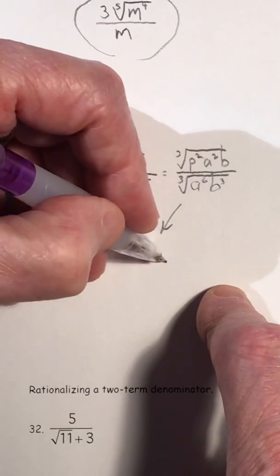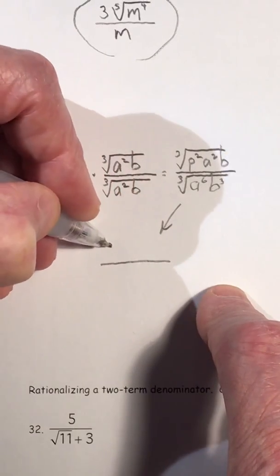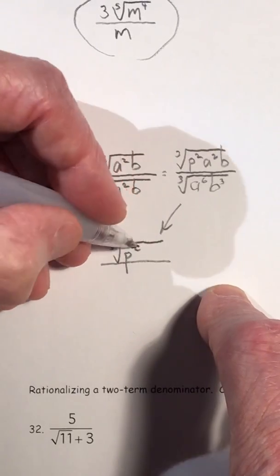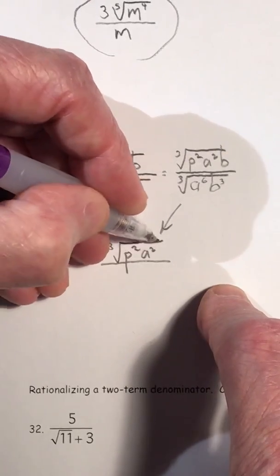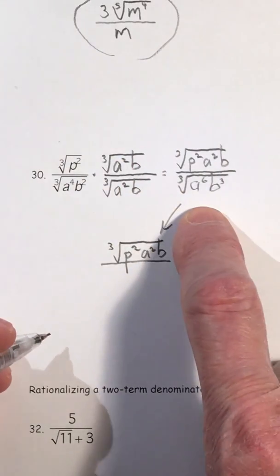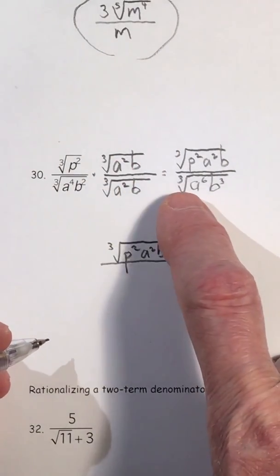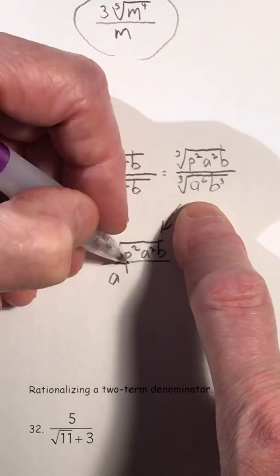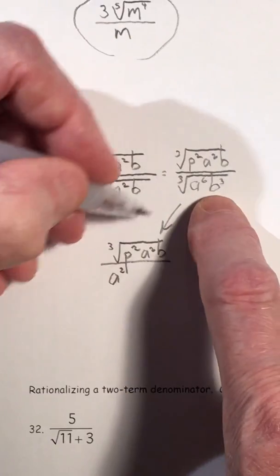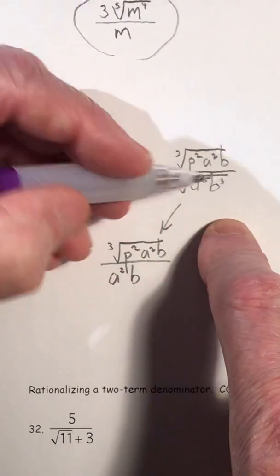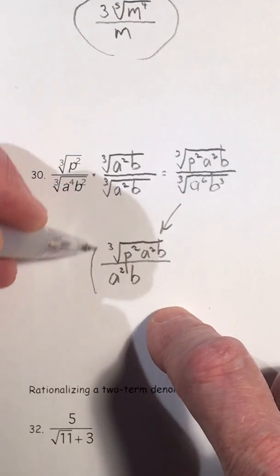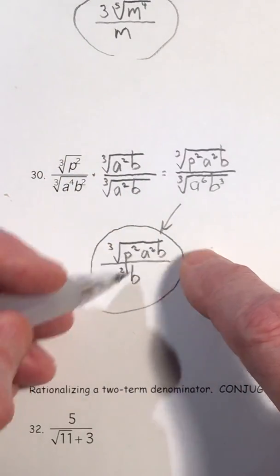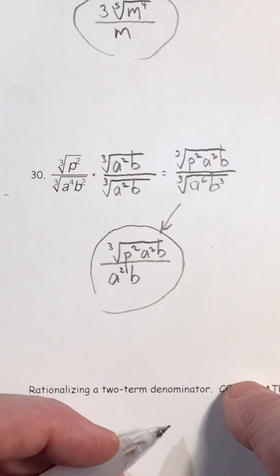And now, for the denominator, remember the whole idea is finish up with a denominator that does not have a radical sign anymore. So cube root of a to the sixth, that's a to the sixth divided by 3 is 2. And b to the power 3 divided by 3 is 1, so just a plain old b. So there's our answer. Cube root of p squared a squared b over a squared b.